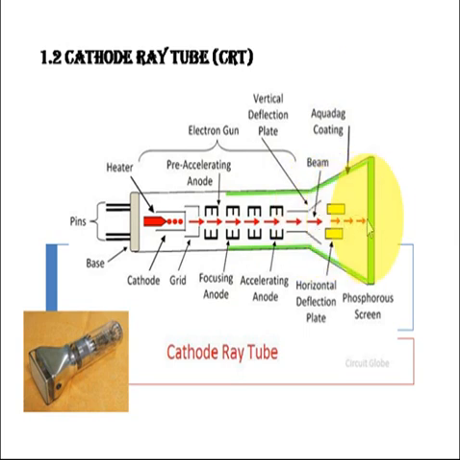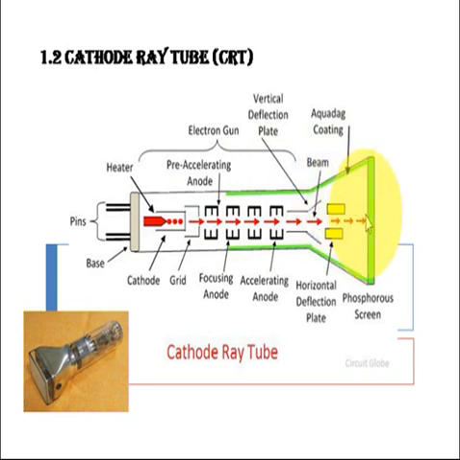When the electron beam strikes the phosphor screen, some electrons reverse their direction. These electrons need to be collected somewhere. They are called secondary electrons, and their collection is done by the Aquadag coating.